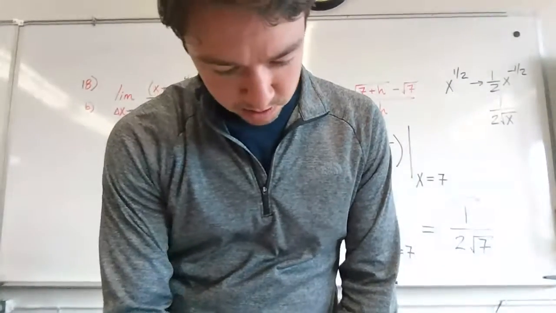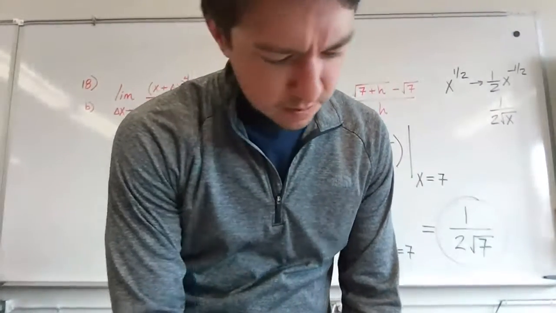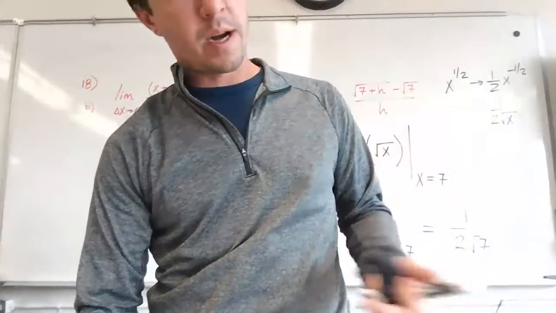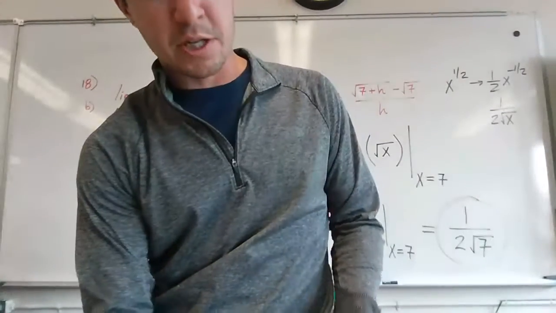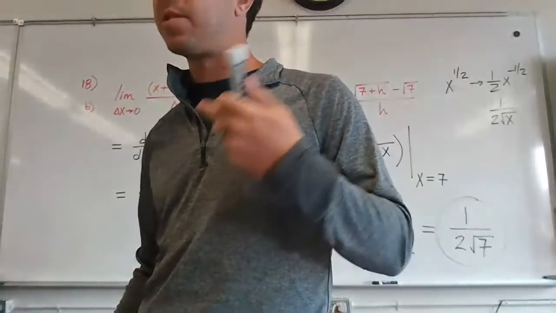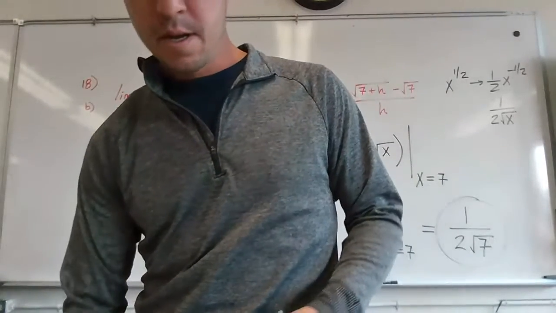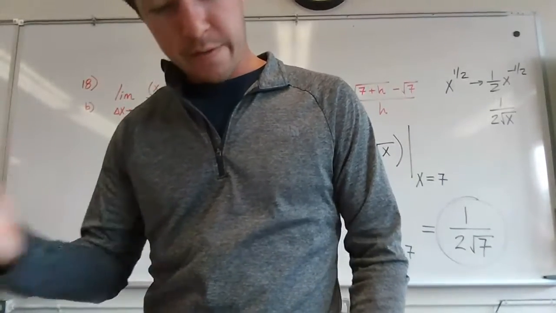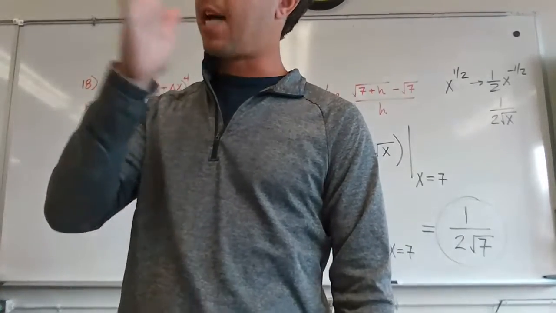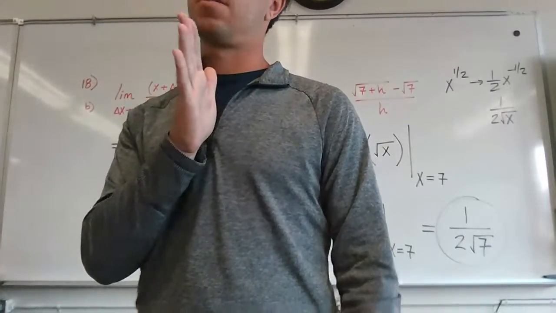So there was one last thing. You'll notice that 20, 21, and 22 are just more piecewise functions. You do them the same way we talked about yesterday. You just take the derivatives and be really careful about what's happening with the slopes at those junctions.